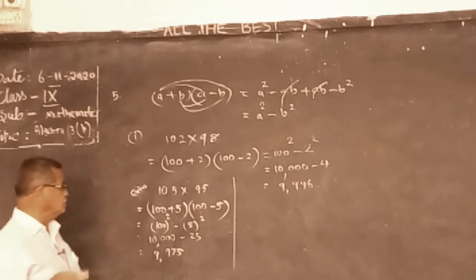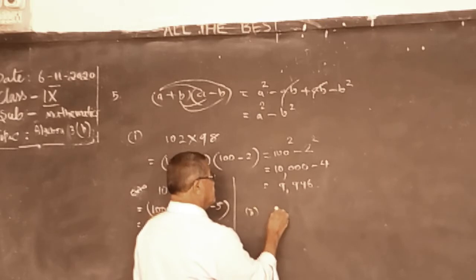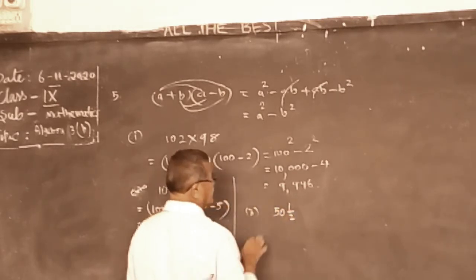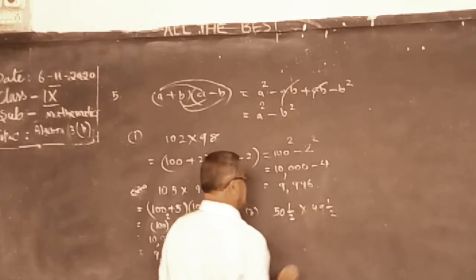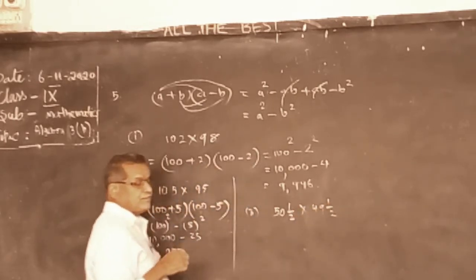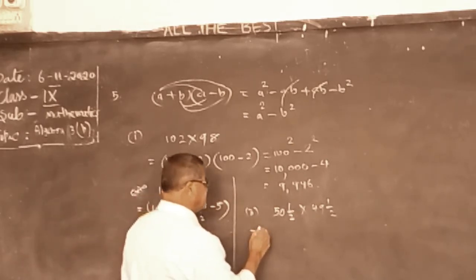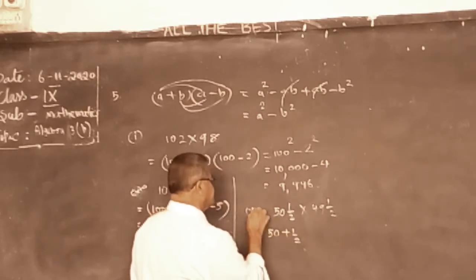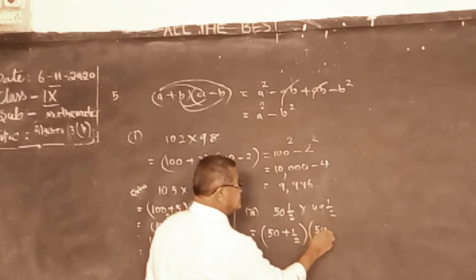In fractions also we can do. 50 and a half into 49 and a half. This is also in the form of a plus b into a minus b. This can be written as 50 plus half into 50 minus half.